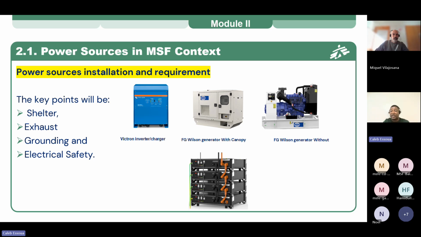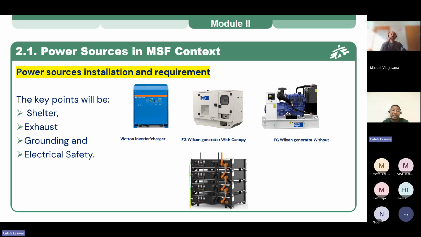So the first thing is to start making your slab, and we also have all the specifications for this slab. We also have the shelter that you have to build, respecting the space that you need around it. For example, for the generator, you have to keep a distance around of 1.5 and the height is around 3-something. So all this is the rule that you have to respect so that your system works.